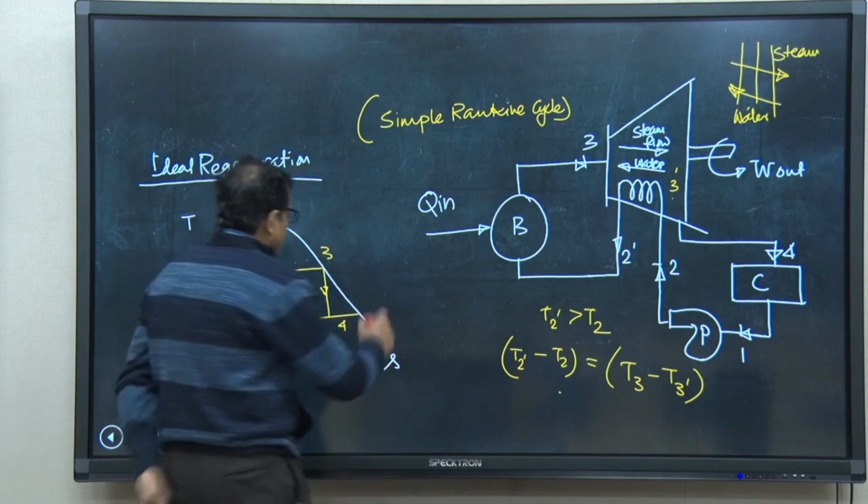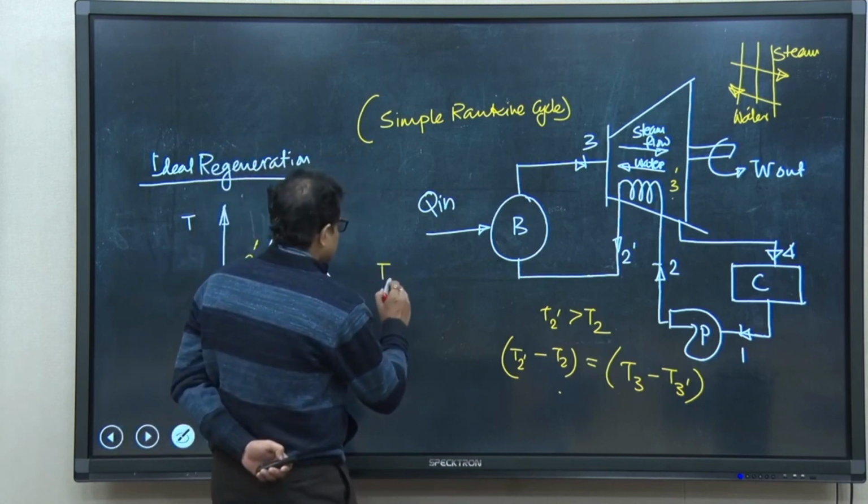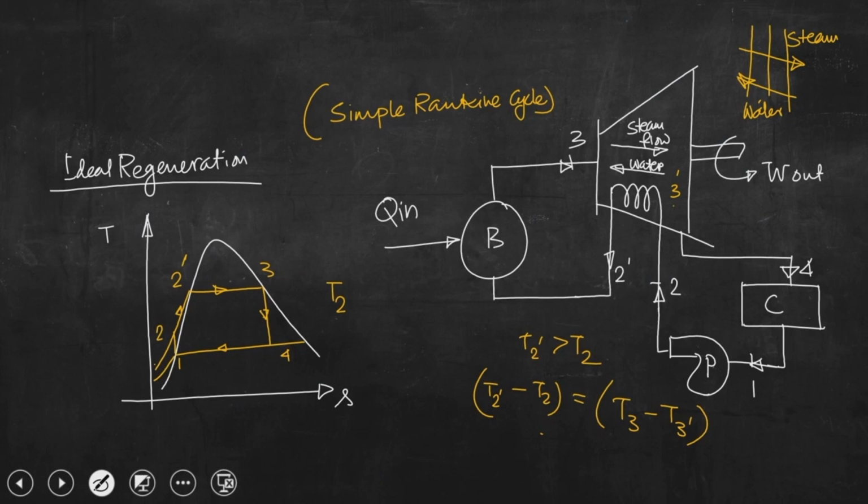If that is the case, can't we write that T2 will be equal to T3 prime, and T2 prime will be equal to T3?